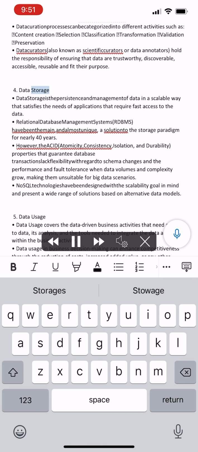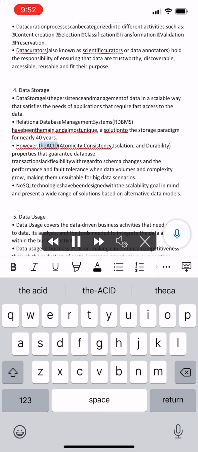4. Data storage. Data storage is the persistency and management of data in a scalable way that satisfies the needs of applications that require fast access to the data. Relational Database Management Systems, RDBMS, have been the main and almost unique solution to the storage paradigm for nearly 40 years.